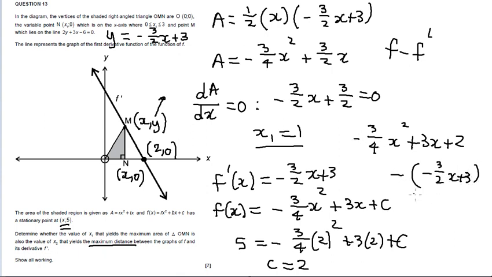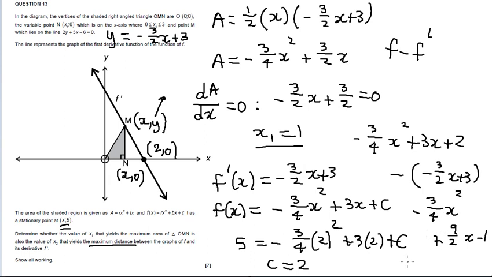And if I simplify this, we're going to get negative 3 over 4 x squared plus 9 over 2x minus 1.